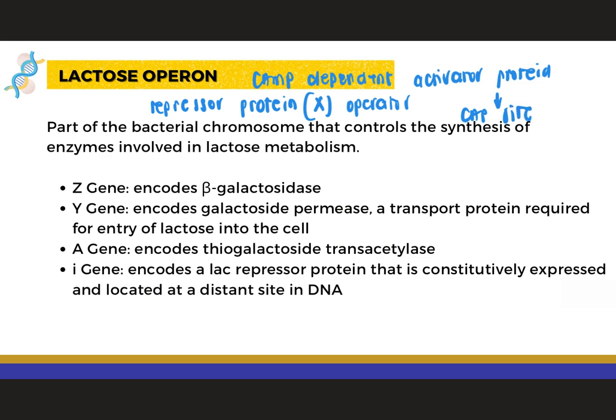Therefore, lactose must be present to prevent repressor binding and glucose must be low to allow cAMP to increase. Again, lactose should be present and glucose should be low.